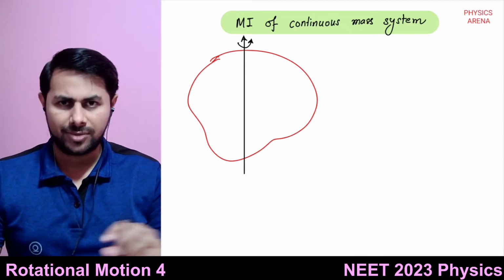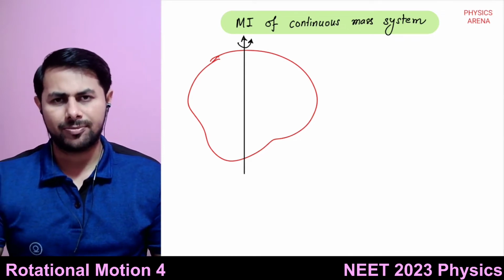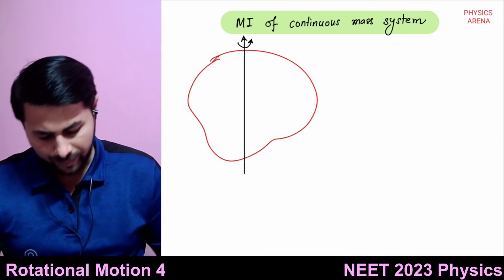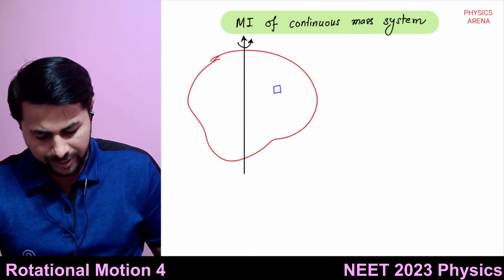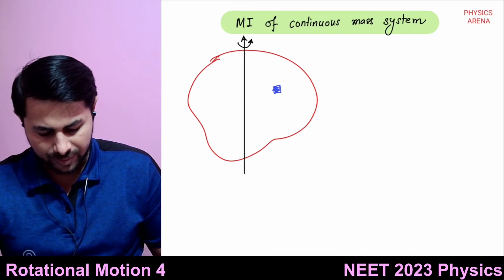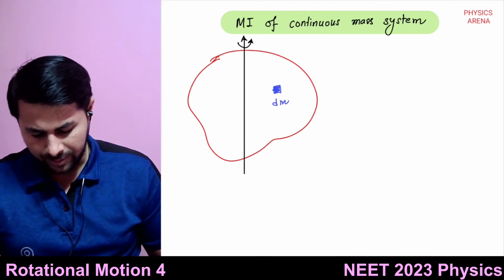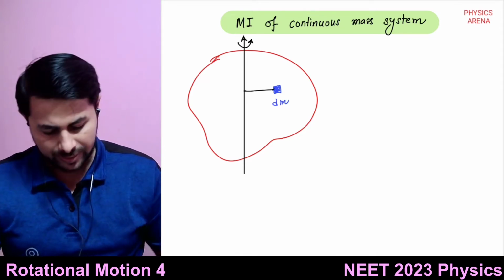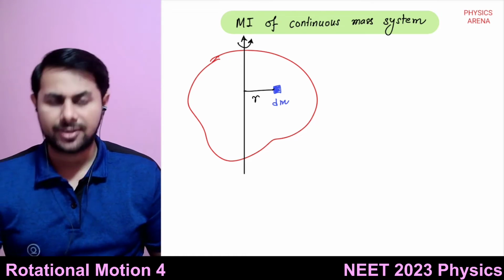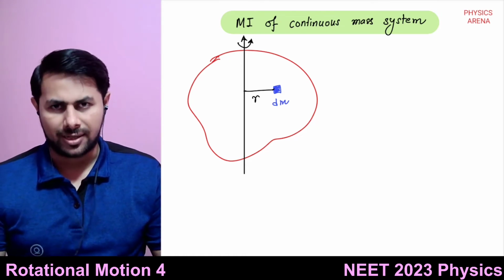So we break this body into n number of small masses. We call all those masses dm. So let's suppose this much mass is dm. Then we find the moment of inertia of the small mass. The distance of this mass from the axis of rotation is r.